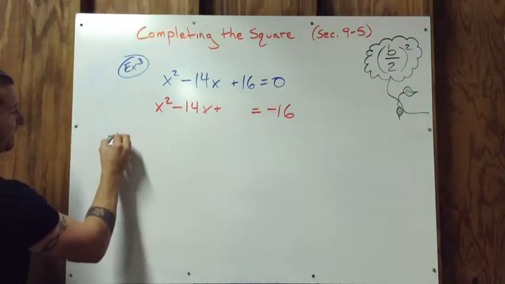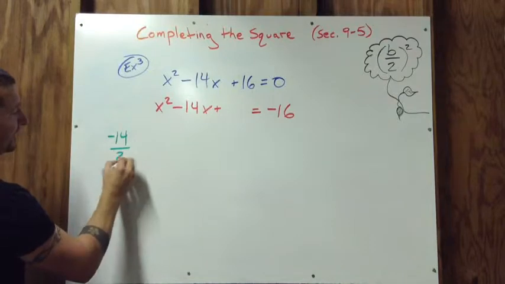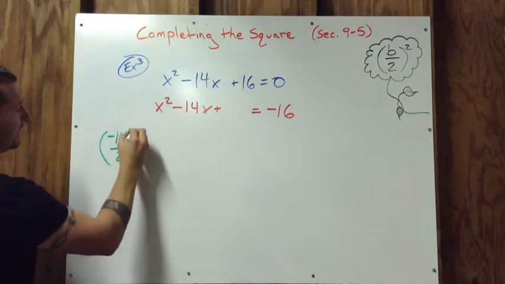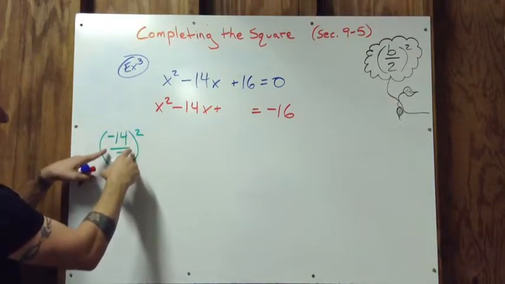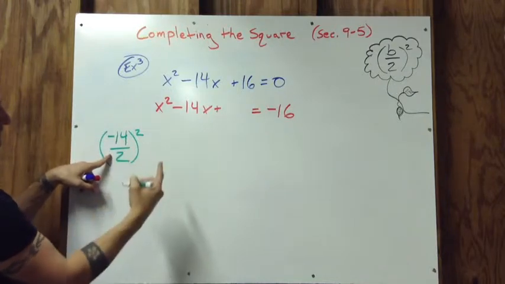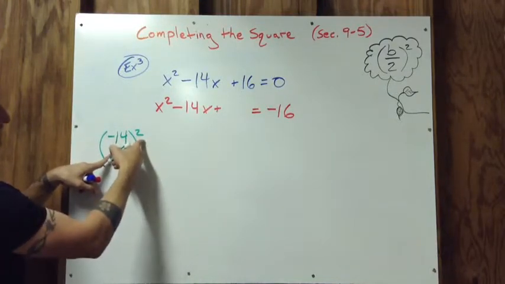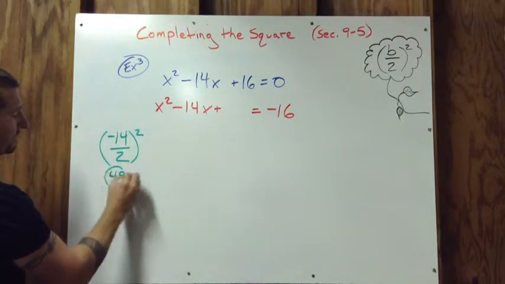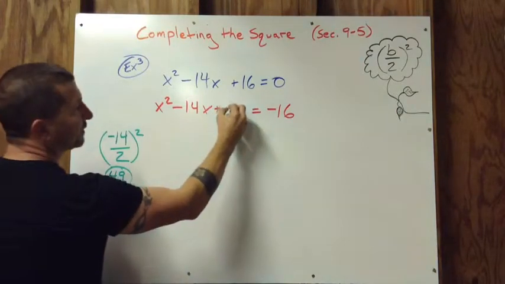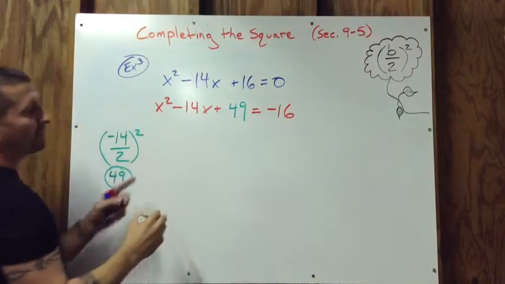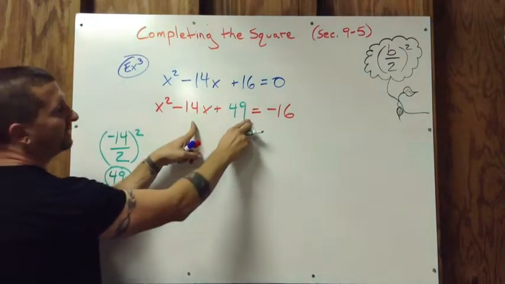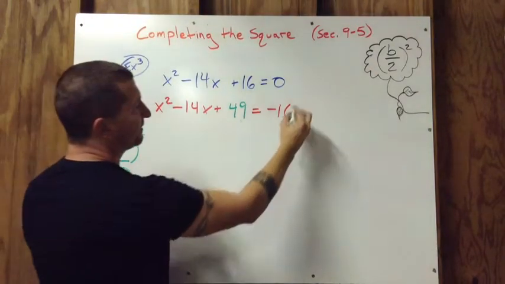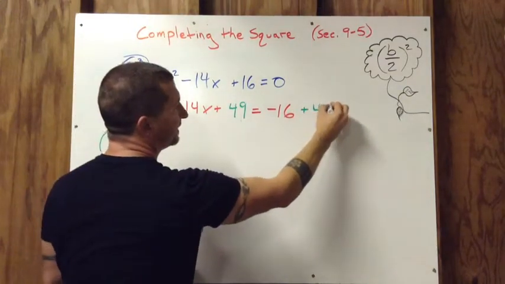So if I take negative 14 divided by 2 and square that, I get negative 14 divided by 2, which is negative 7, squared gives me 49. So now I can put 49. Remember, when I add 49 to the left side of the equation, don't forget to add it to the right.